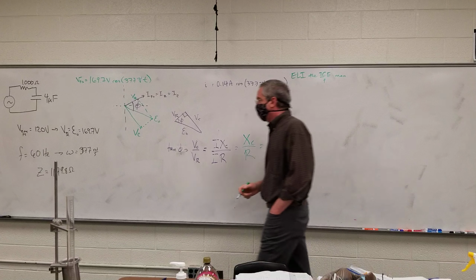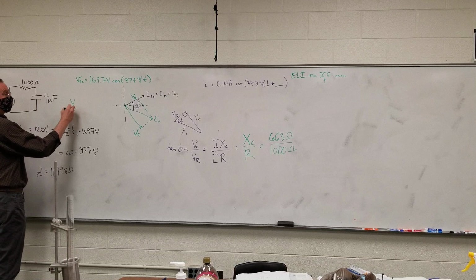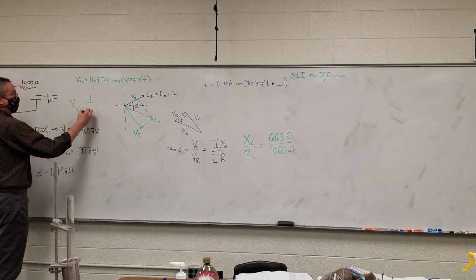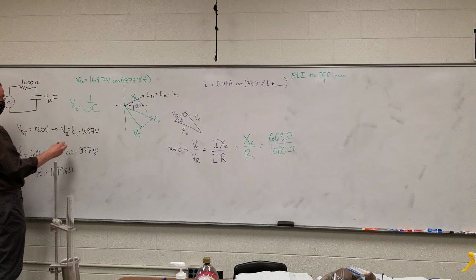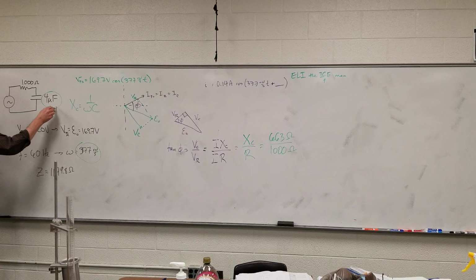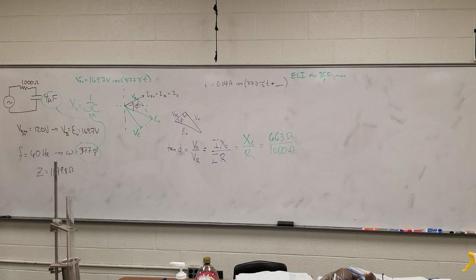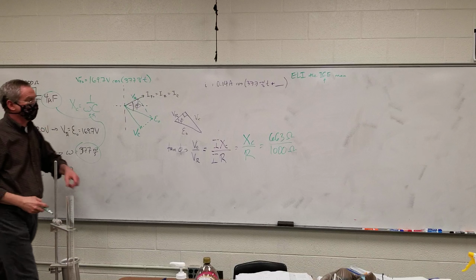And just as a quick review, the 663 we found last time, the capacitive reactance, the formula is 1 over omega times C, and there's my omega, there's my C. So just plug and chug.